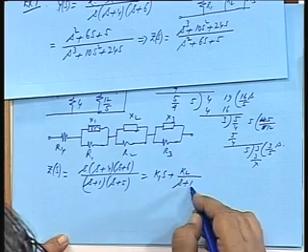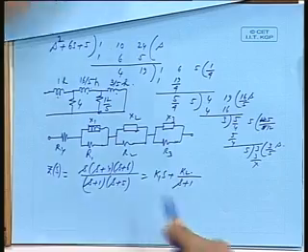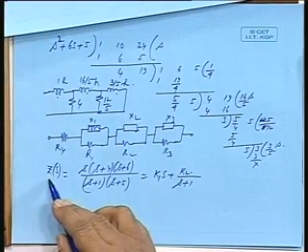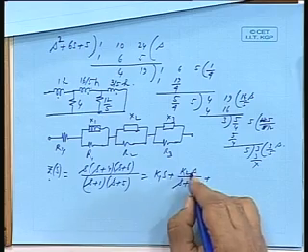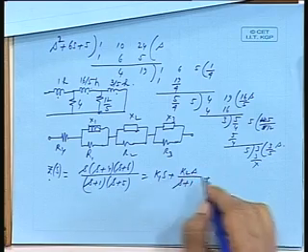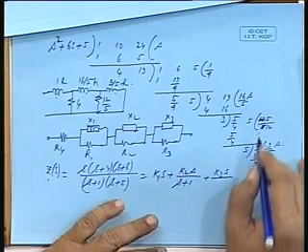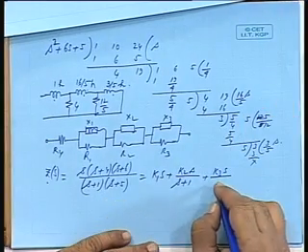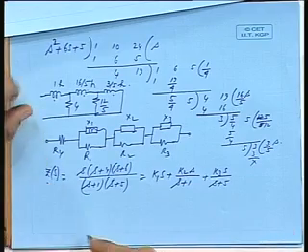Should I have K2 by (s plus 1) or K2 into s by (s plus 1)? I have already identified this is an RL network. So, for an RL network in Foster 1 synthesis, remember the Z synthesis will require K2 s by (s plus 1). If you do not take K2 into s, you are landing up into trouble. We saw earlier also, you will get negative values of K2, K3, etc. Some of them may come out to be negative.